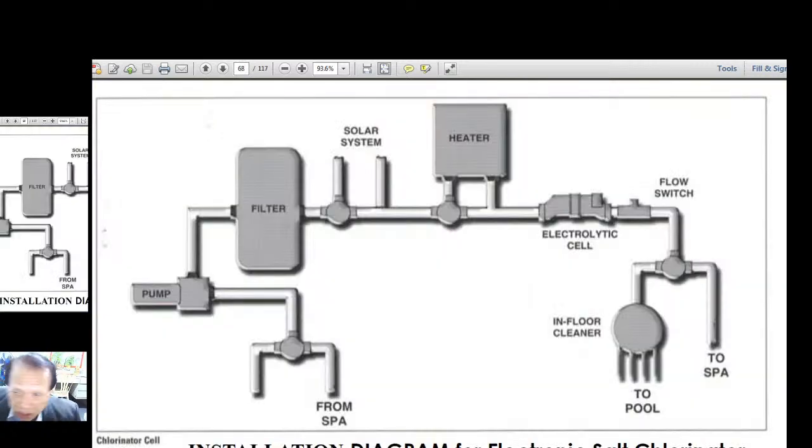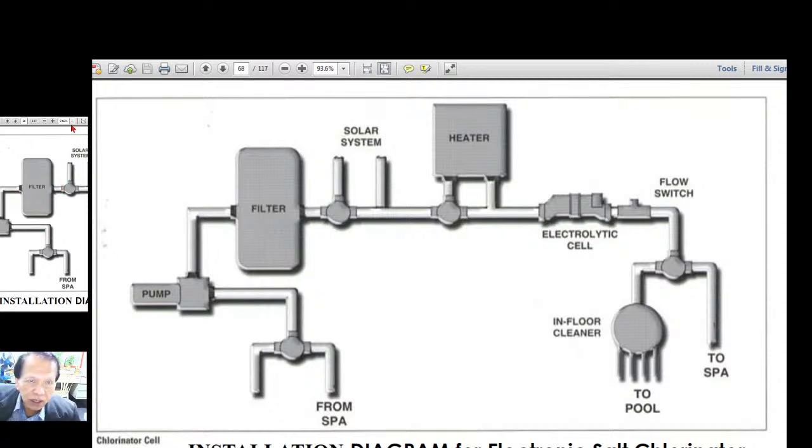And here is just another installation diagram for the electronic salt chlorinator. You have here the pump, then the filter, then the heater, then the electrolytic cell, then the flow switch, and then it goes to the pool or to the spa. And from the spa, it comes from the pool to the pump, again to the pool.